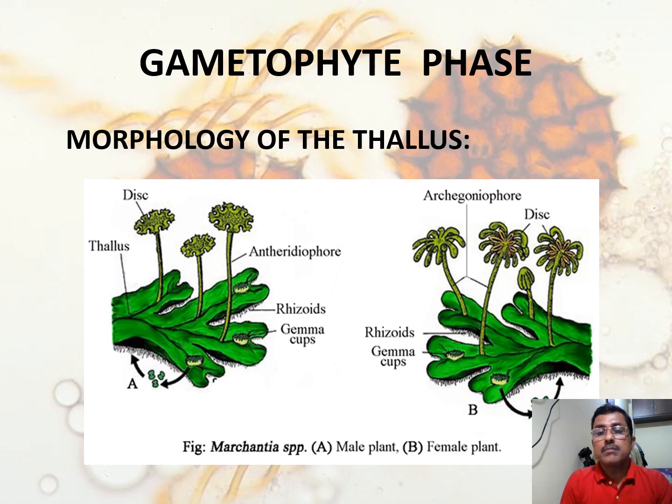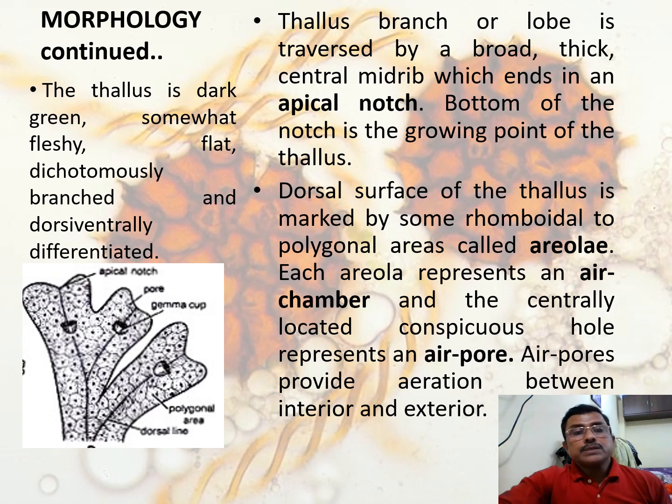Now, the thallus of Marchantia is somewhat fleshy, dark green in color, flat, dichotomously branched, and dorsiventrally differentiated. The thallus possesses an apical notch, and the apical notch represents the growing point of the thallus.